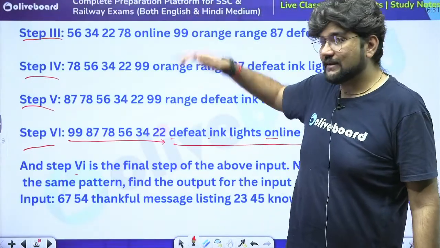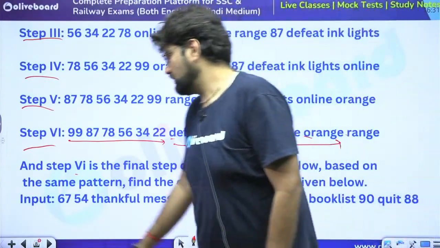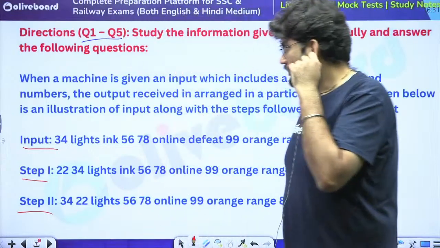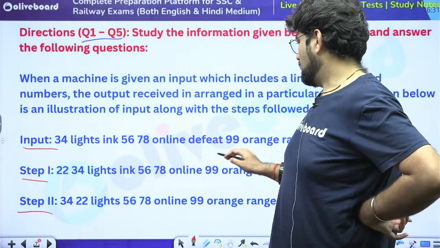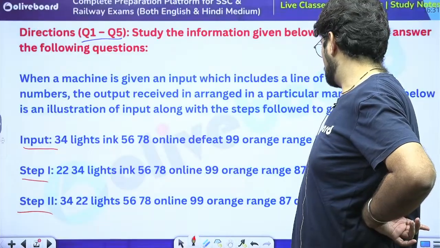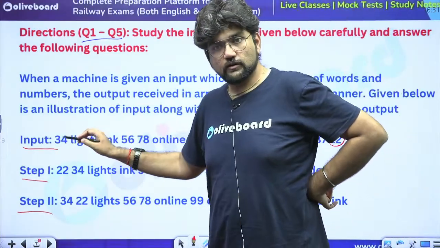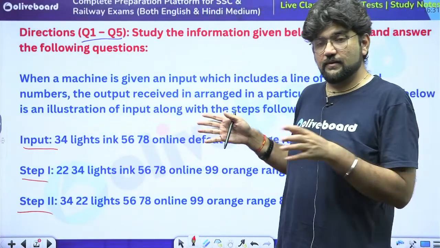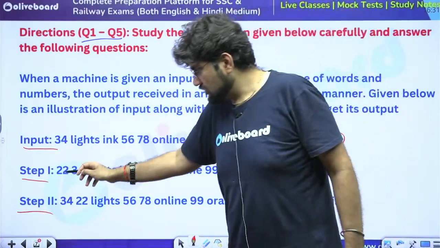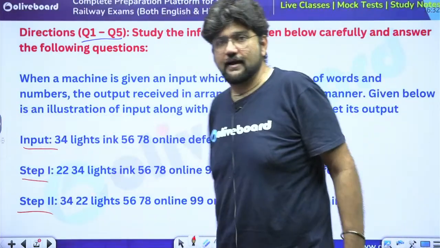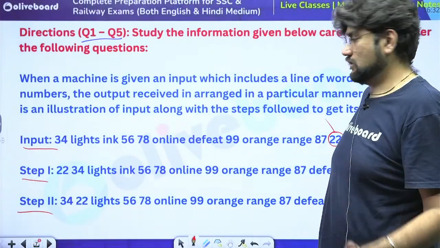Now you'll have to observe at each step what exactly is happening. So what is happening? You will see that 22, the smallest number, is coming in front first. They are bringing the smallest number first. So they want to arrange it in decreasing order. So they are arranging in the reverse ascending order. They are bringing the smallest number first, then the next number will keep on coming back. So pushback is happening in the reverse order.